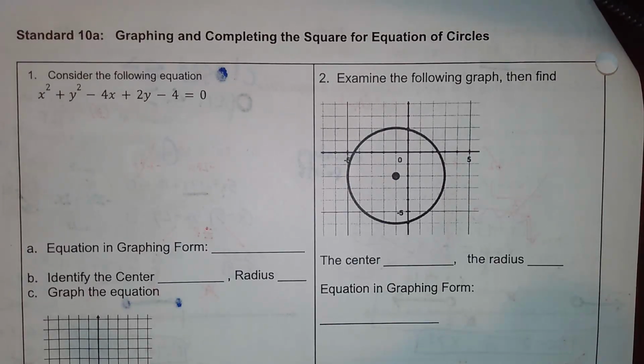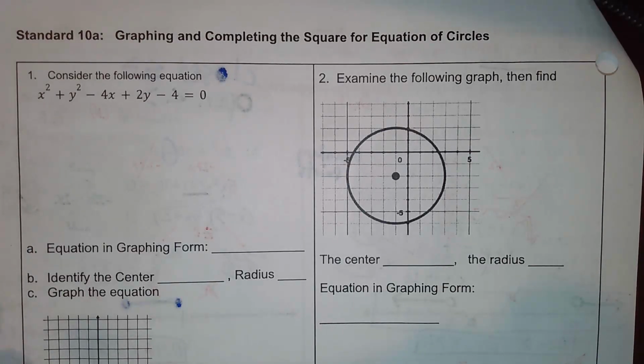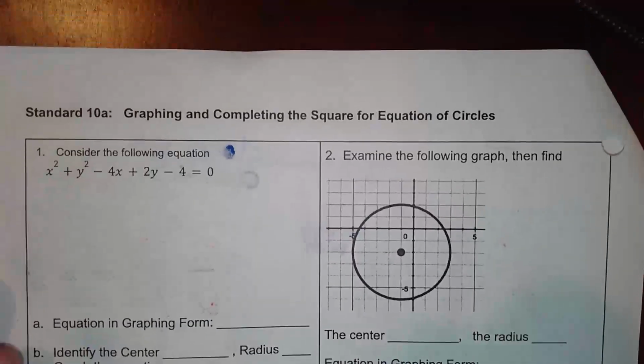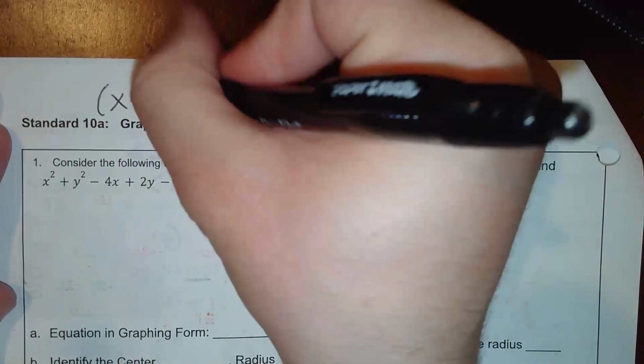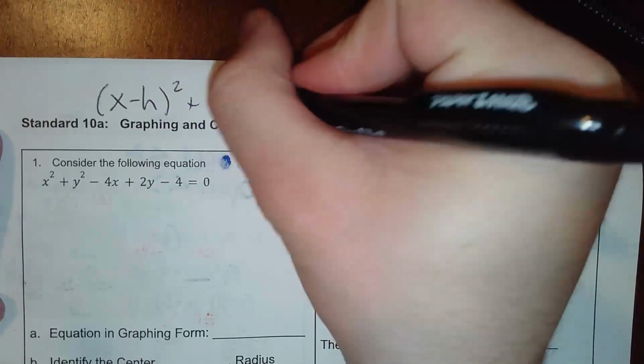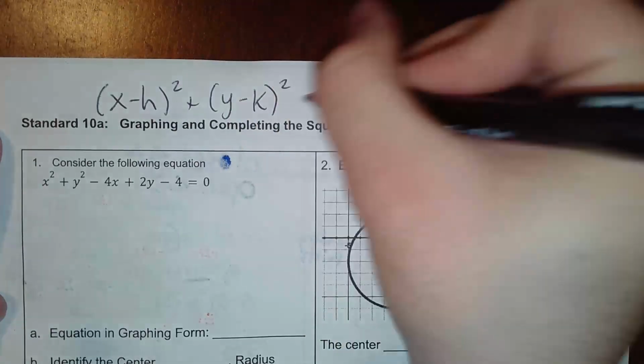Okay, next up is standard 10A. 10A, graphing and completing the square for equations of circles. So a couple important notes. We do have (x minus h) squared plus (y minus k) squared equals r squared.